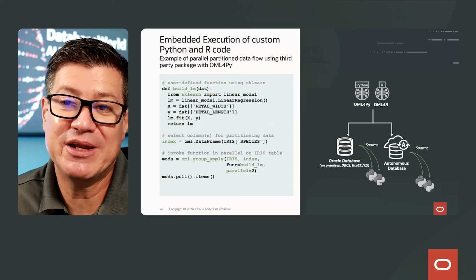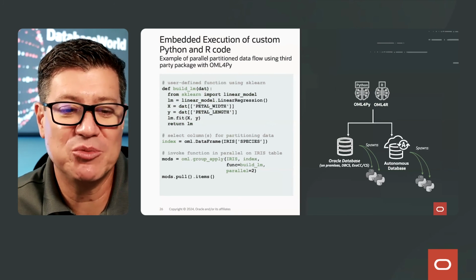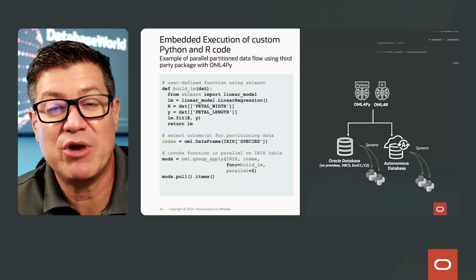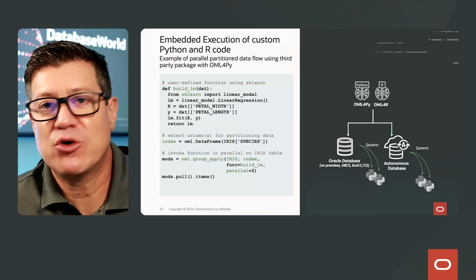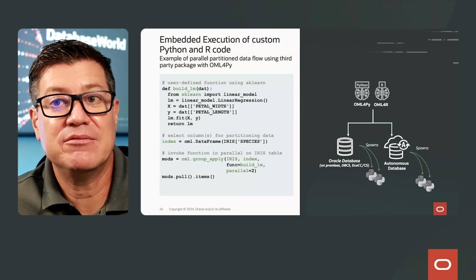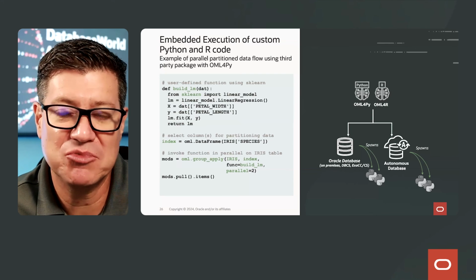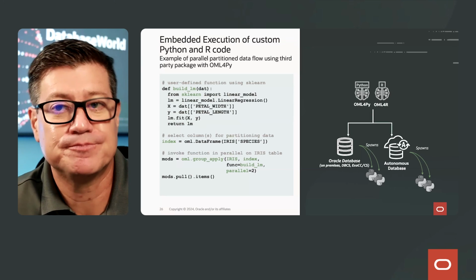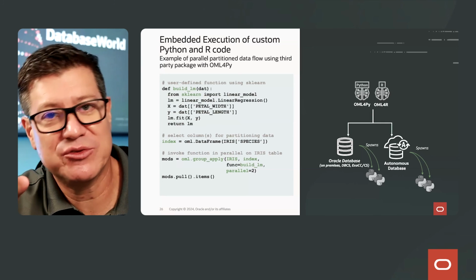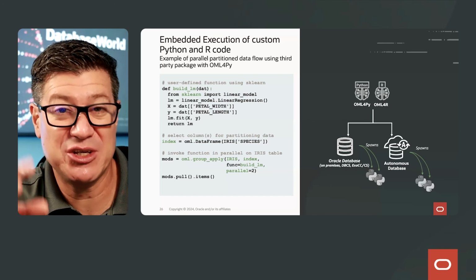Okay? Finally, one of the most flexible portions we have is the embedded execution. You can actually write your own R or your own Python code, and run your own third-party package, whatever you are looking for, and we can actually package it up. We spawn the R or Python session needed.